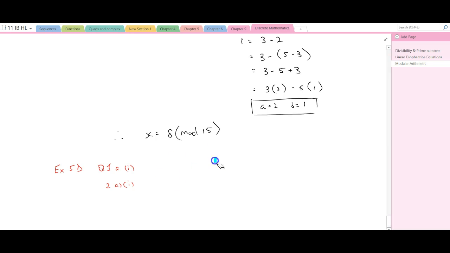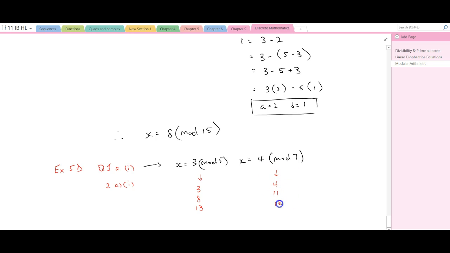Okay, so let's go and do these questions now. This first one, we are looking for x equals 3 mod 5 and x equals 4 mod 7. Let's look for our values of x here: 3, then 8, then 13. Our values of x here are going to be 4, then 11.